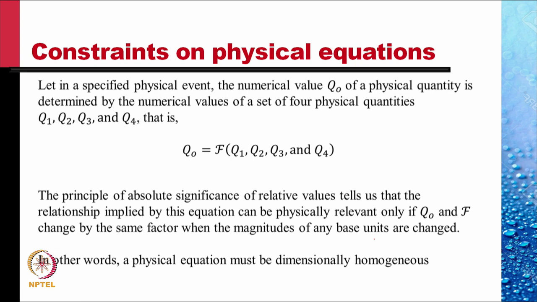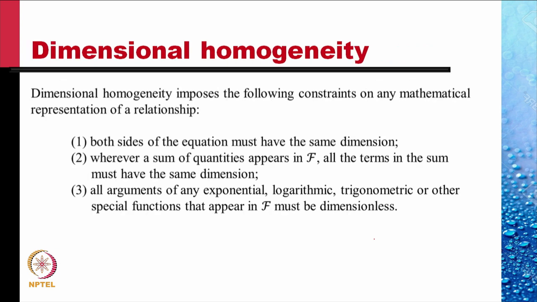And that will happen only if the physical equation is dimensionally homogeneous, because the value of any quantity changes as the powers of the change of units raised to power the dimensions of that unit. So, the dimensional homogeneity imposes the following constraint on any mathematical representation of a relationship.